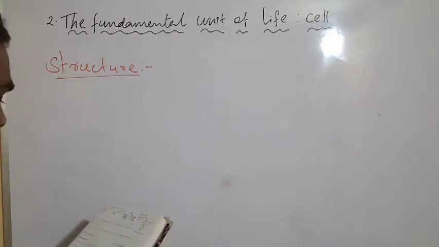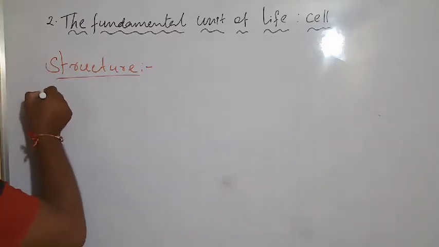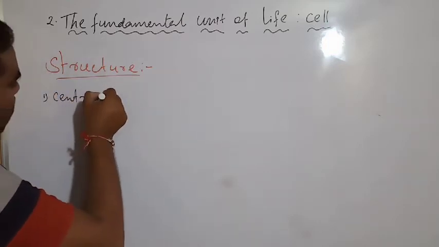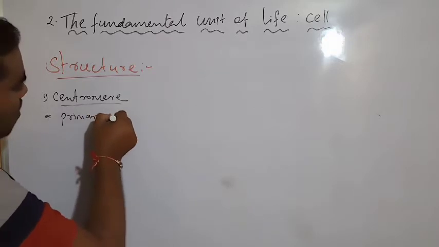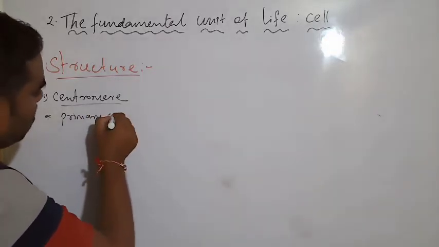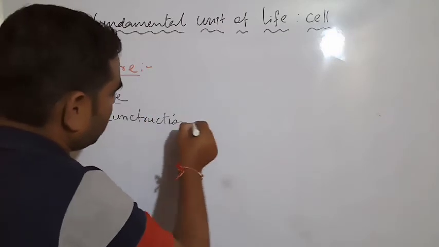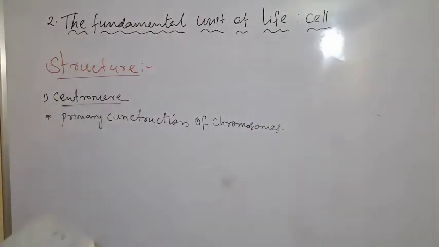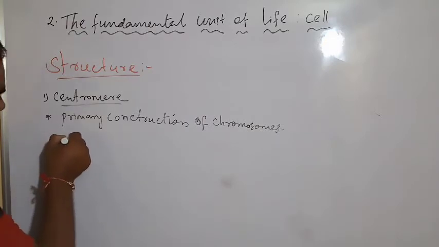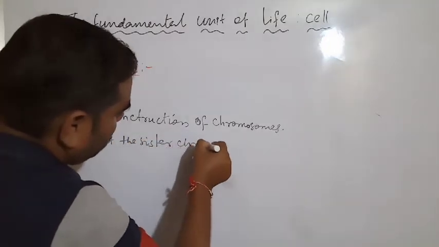What is this one? The primary constriction of chromosomes is the centromere. Next, it connects the sister chromatids.